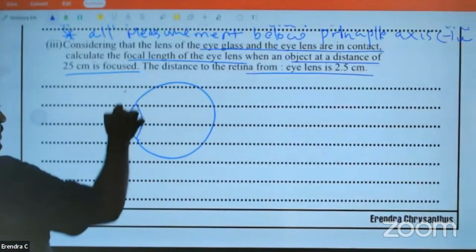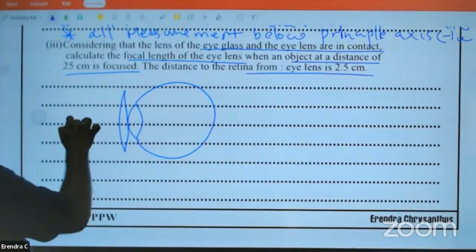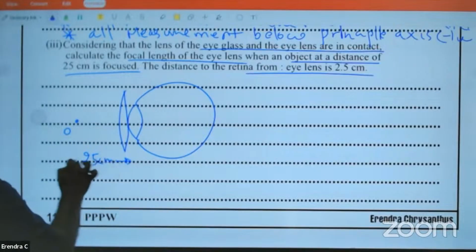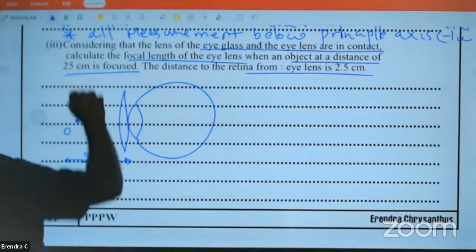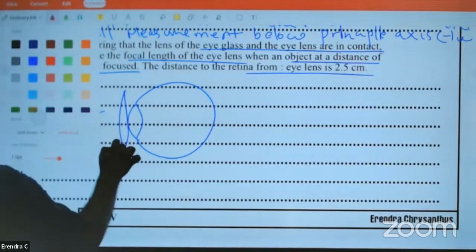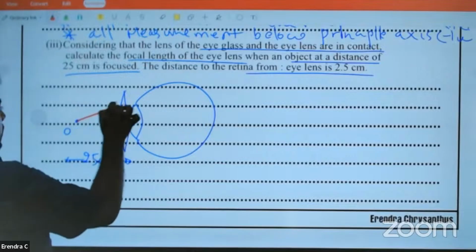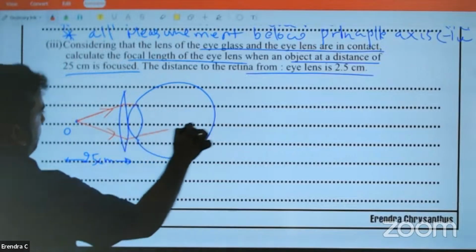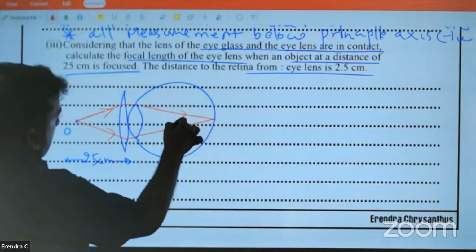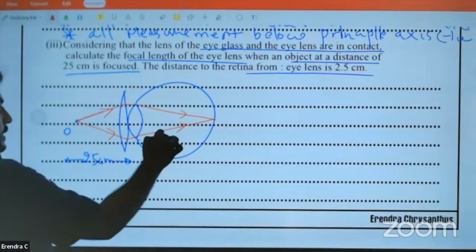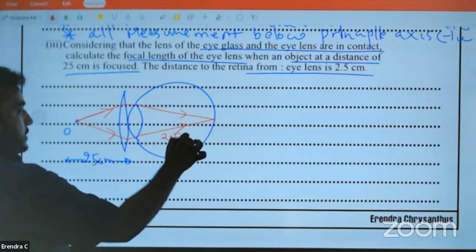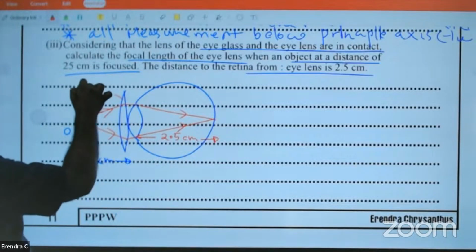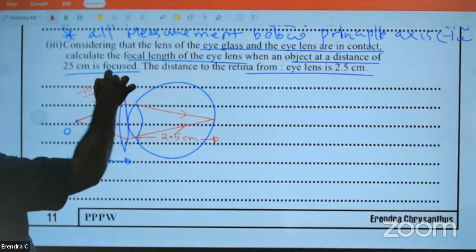Here now, object is at 25 centimeter, image is formed on the retina. That is 2.5 centimeters. So we know focal length here is minus 100 over 3 centimeters.